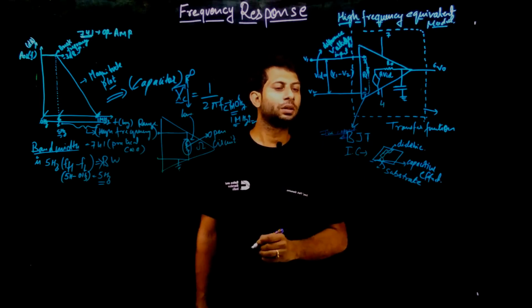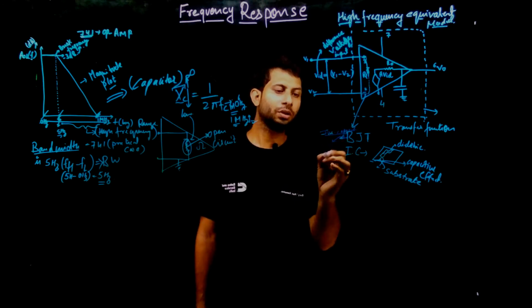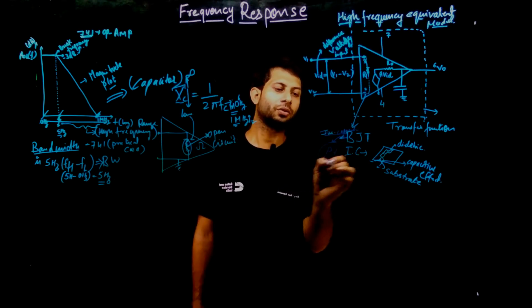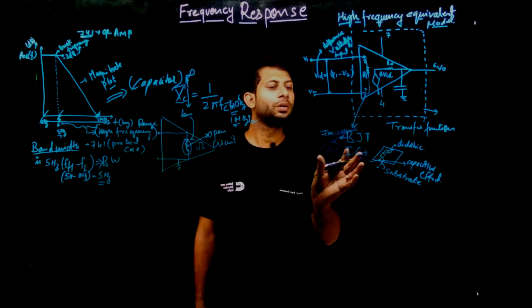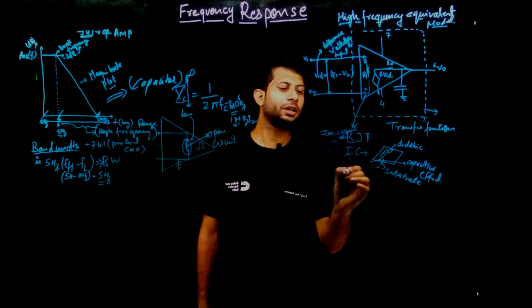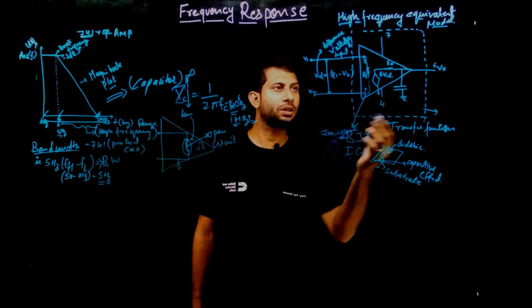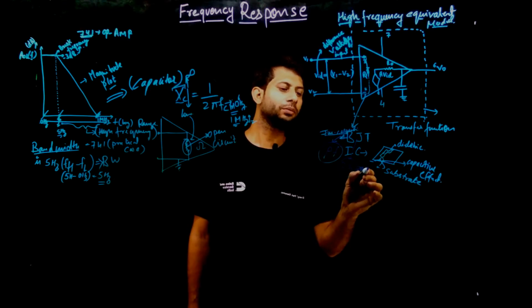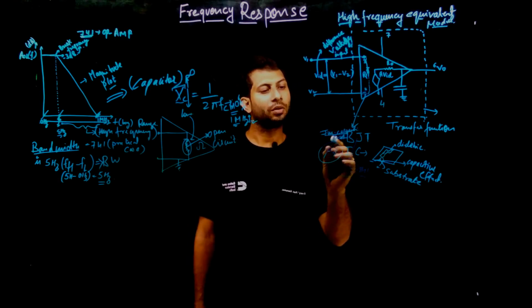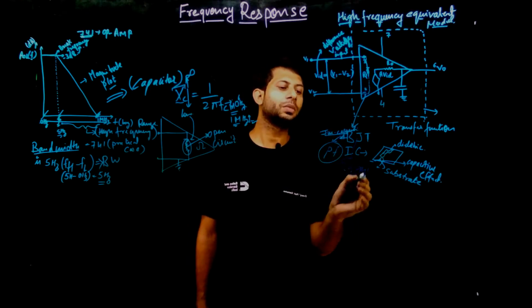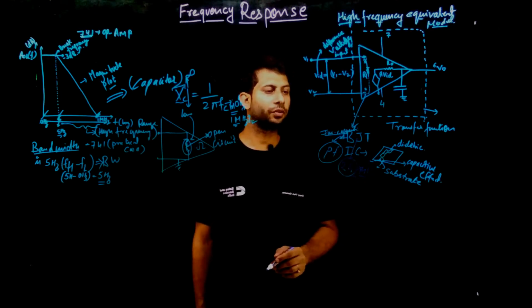And these junction capacitances are in the range of picofarads, but when the number of BJTs is large, let it be a 24 transistors based circuit like the 741, then the combination of these picofarads will become a significant capacitive effect.